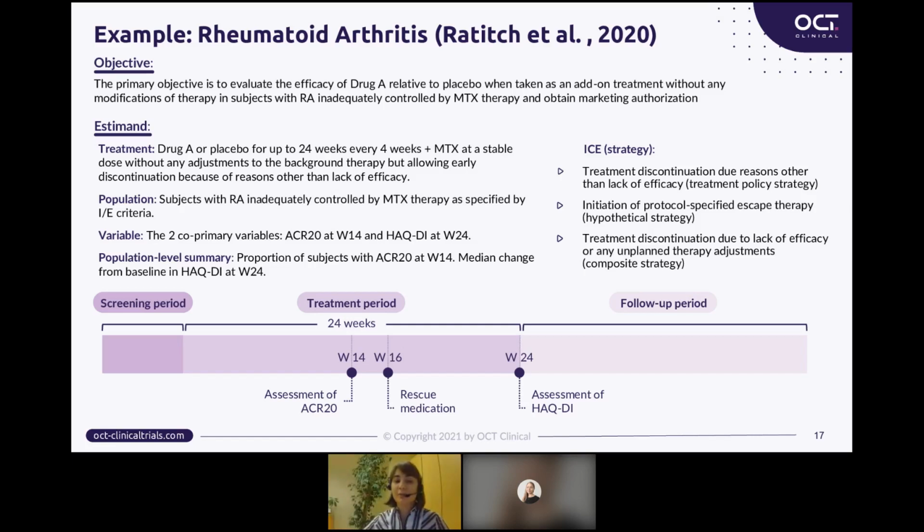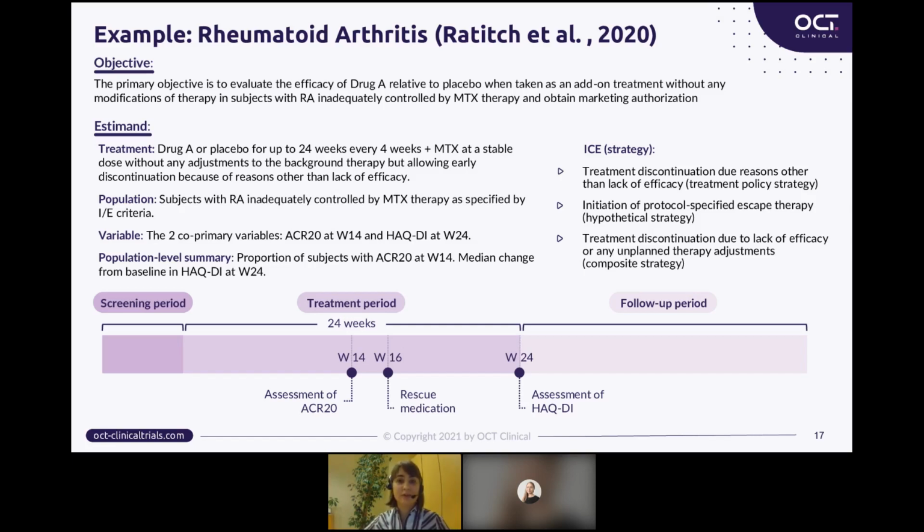There were two co-primary endpoints: 20% improvement according to American College of Rheumatology response criteria measured at week 14, and change from baseline to week 24 in Health Assessment Questionnaire Disability Index score. There was a planned assessment of minimal required response at week 16 for all subjects in order to decide whether they should initiate rescue therapy.